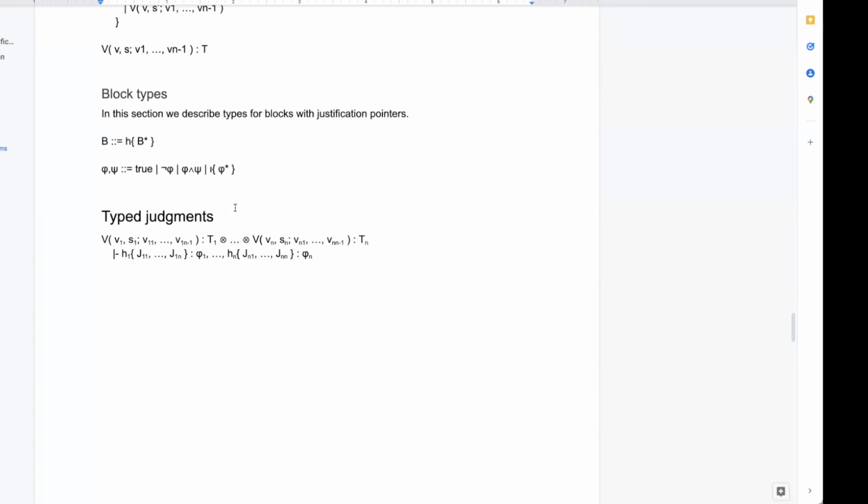Notice that phi has inner phis. So the inner phis will govern the J's. You could do something as simple as putting a true inside here, which doesn't constrain these at all, as an example.